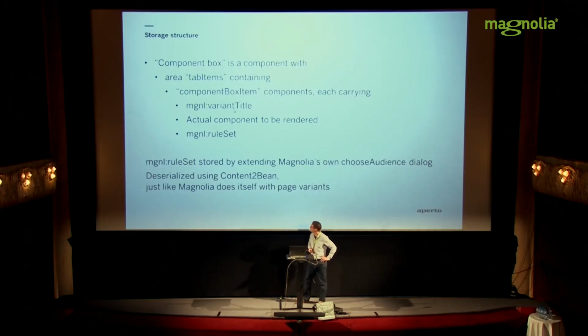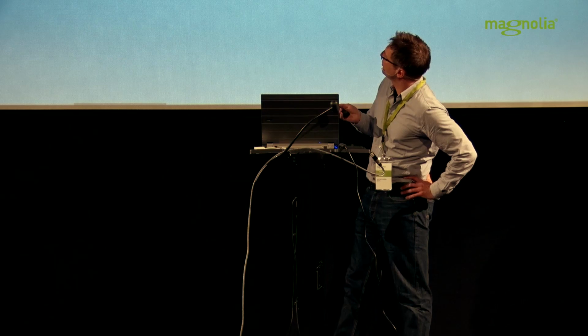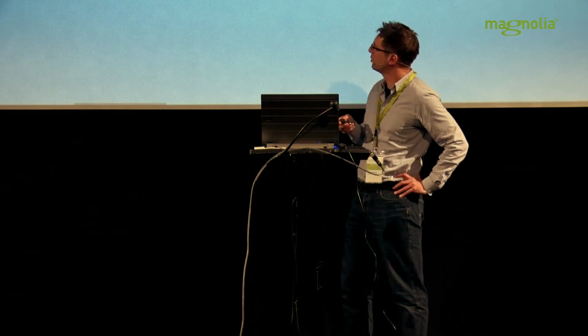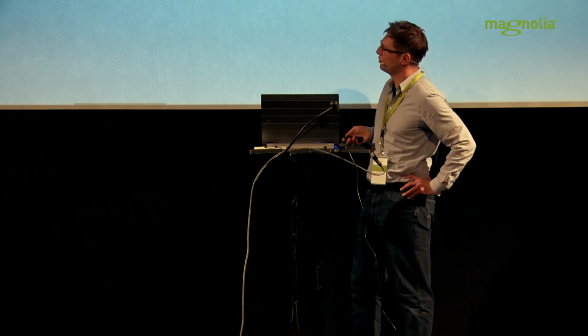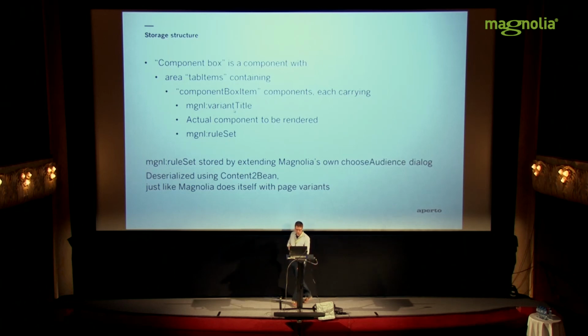So if we implement this in a customer project, then hopefully in the future it will not be necessary to migrate data or something like that. What's interesting is that, and Magnolia does it themselves, there is content stored which is then deserialized using content to bean. Although it's coming from the website, normally it's only coming from the configuration workspace.